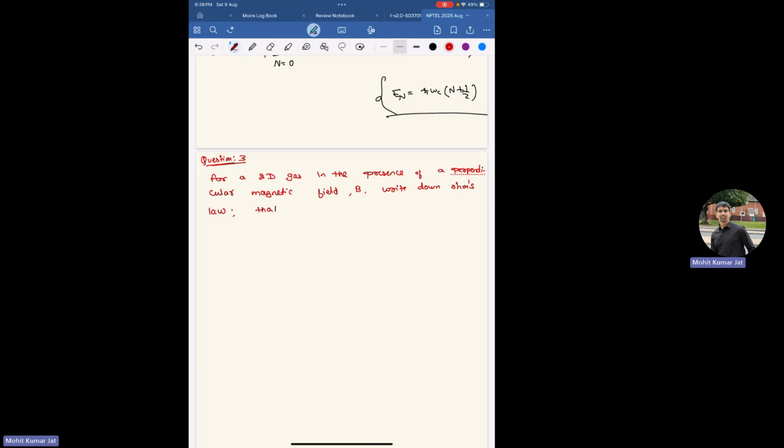That is, what is Ohm's law? J equals sigma E. If you remember, that is the relationship between the electric field E and the resistivity rho.